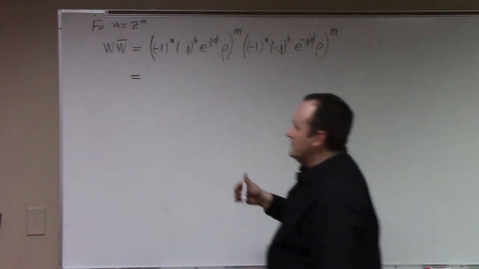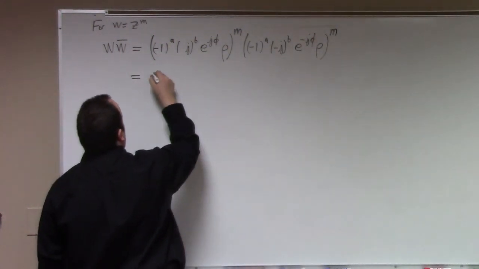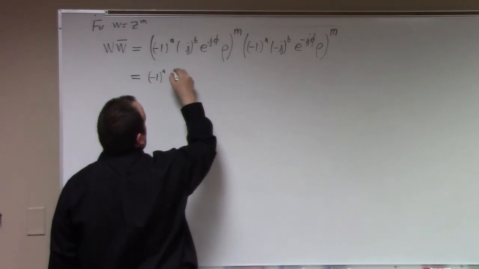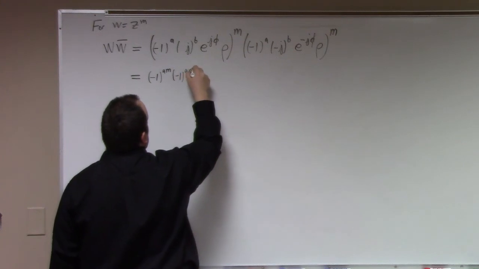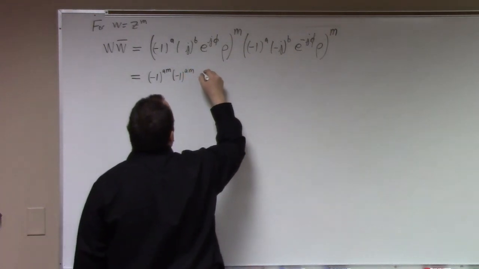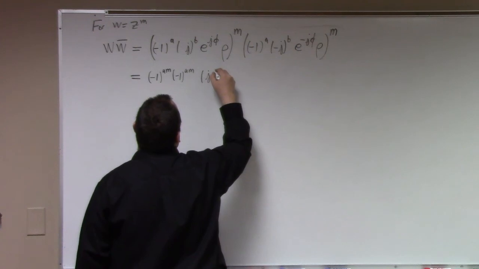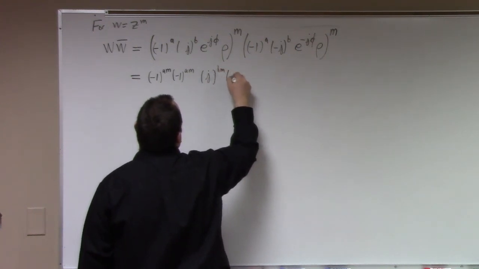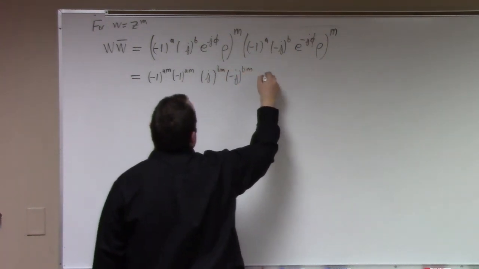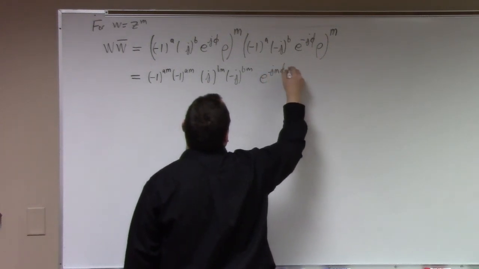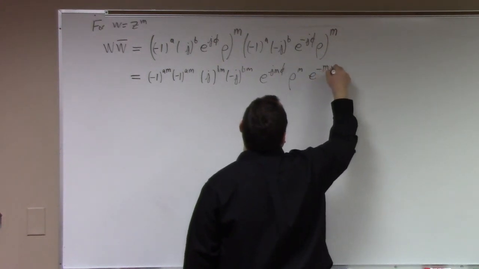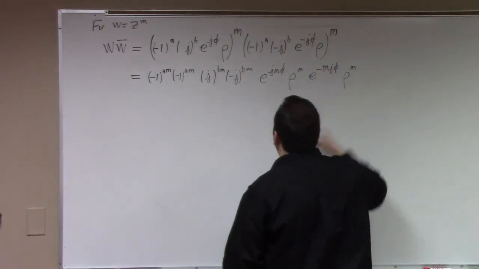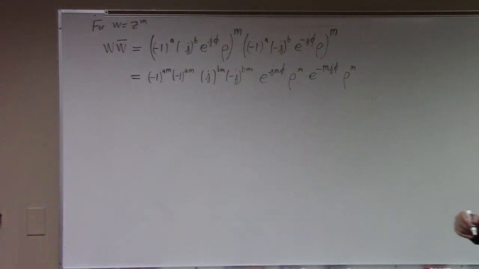So we've got minus 1 to the AM, j to the BM, minus j to the BM, e to the jM phi, rho to the M, e to the minus Mj phi, rho to the M. I know these laws of exponents for the hyperbolic exponential.